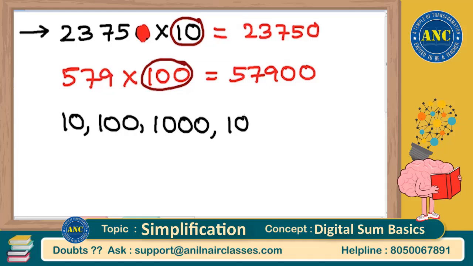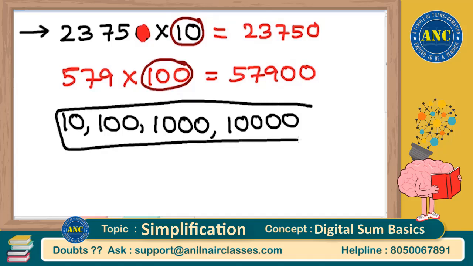Similarly, I love having 10,000 in my pocket. These are very good numbers to work with. I always want zeros at the end, because when I multiply those numbers, it will be very easy for me to understand, and then very easy to solve that particular problem.